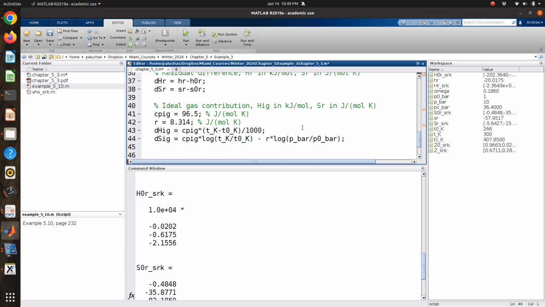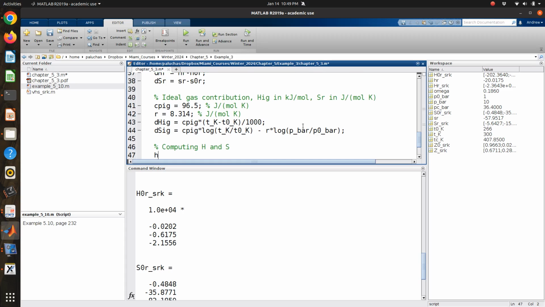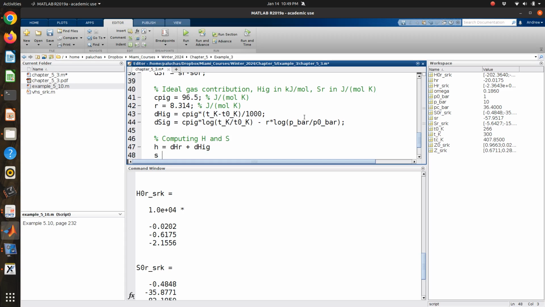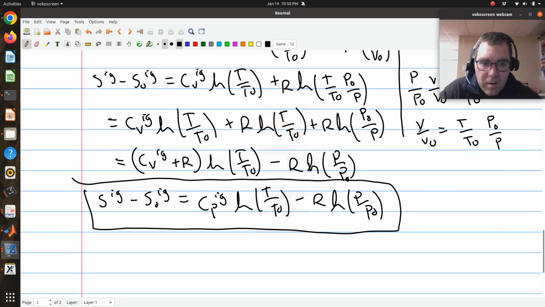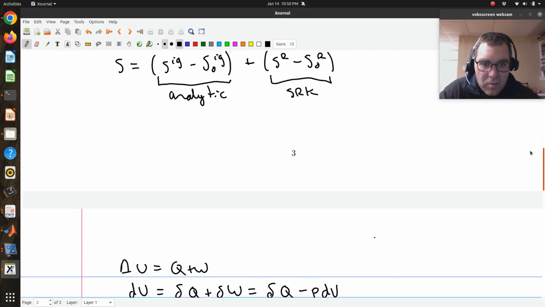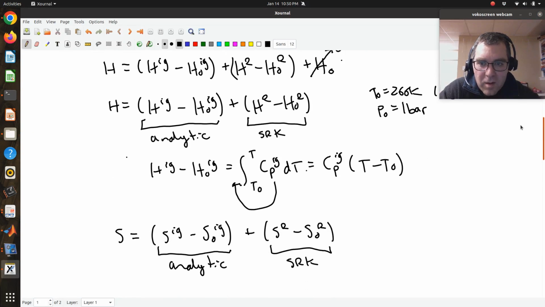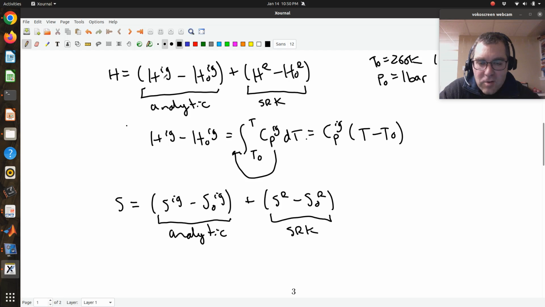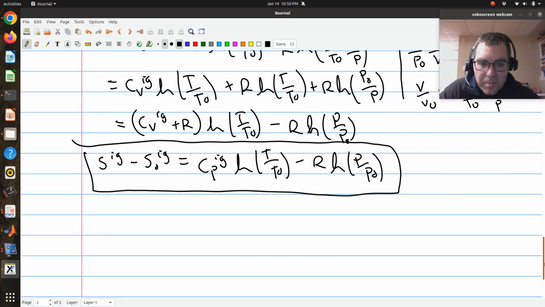So now computing H and S. H would be equal to dHR plus dH ideal gas, and S would be equal to dSR plus dS ideal gas. Okay, because our absolute value is how we're defining our 0. So our absolute value of H is just going to be the sum of our ideal gas and residual contributions.